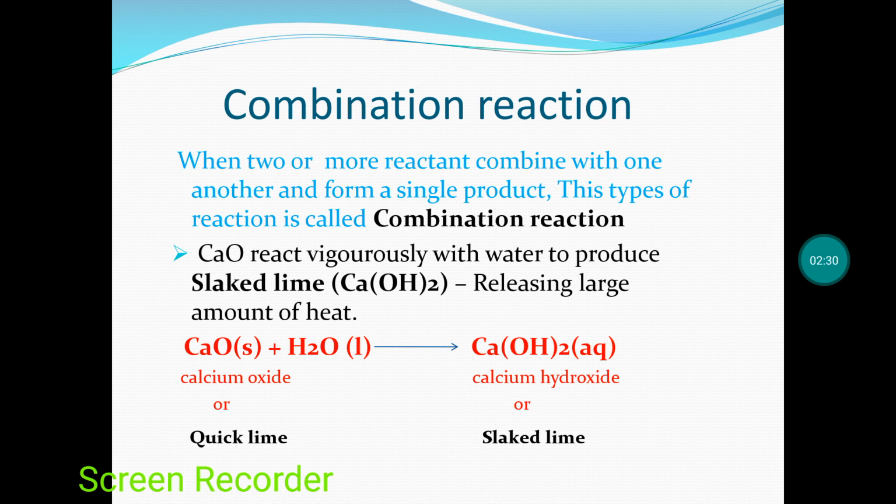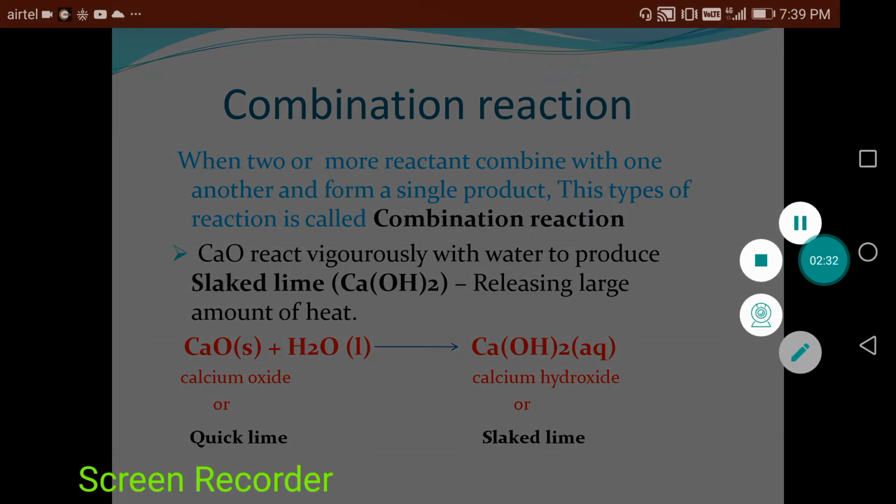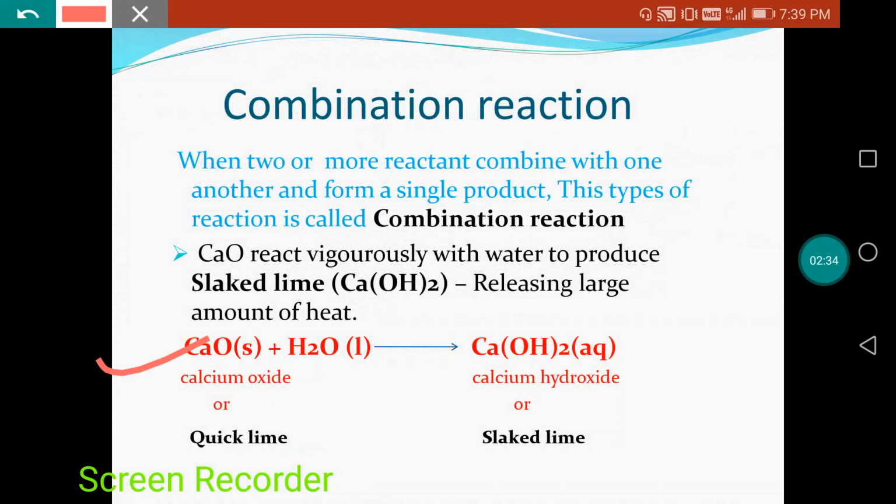See here, a reaction is given: calcium oxide and water give calcium hydroxide. You are seeing an arrow here, right? On the left hand side of this arrow, two reaction entities are given. What are the two?